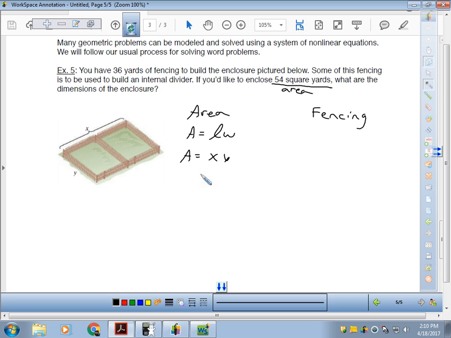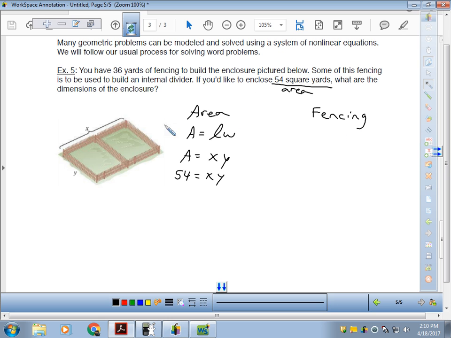Area equals x times y. Now, we know how big we want our area to be. We want our area to be 54 square yards. So 54 is going to equal x times y. So that's one equation.